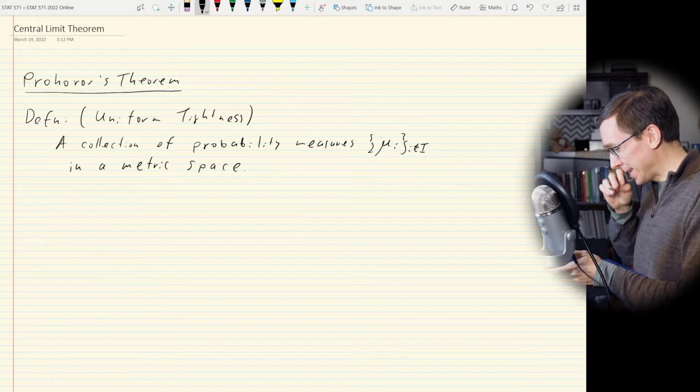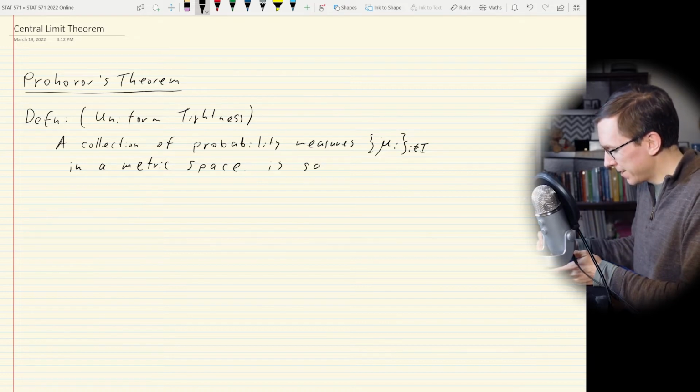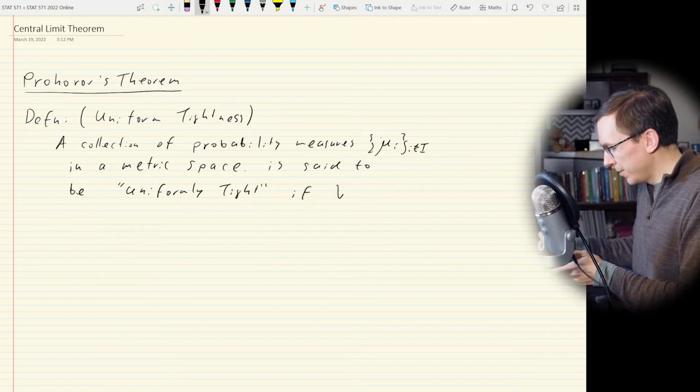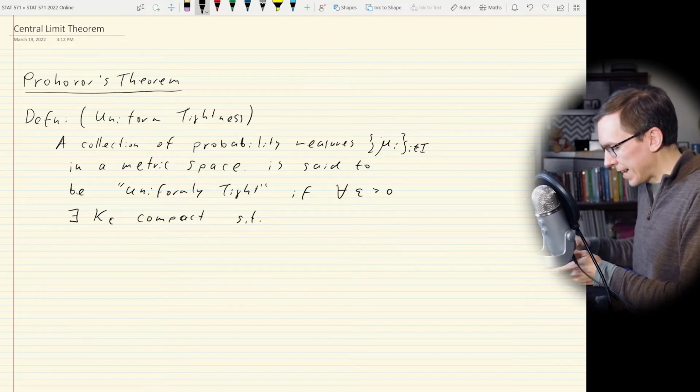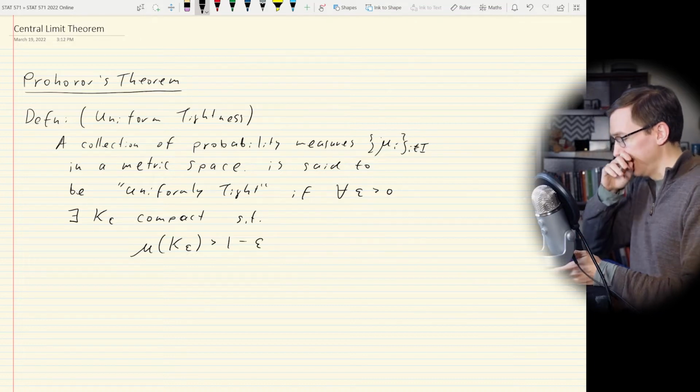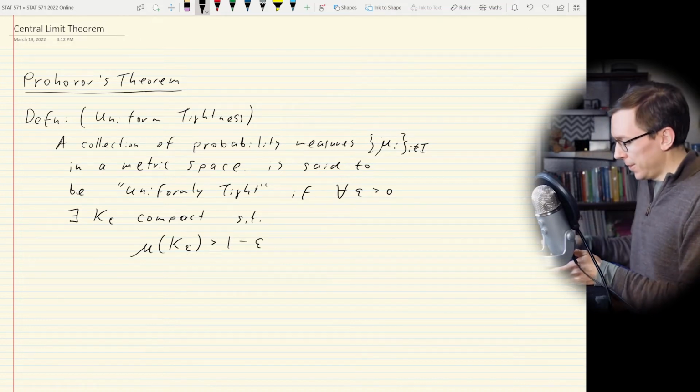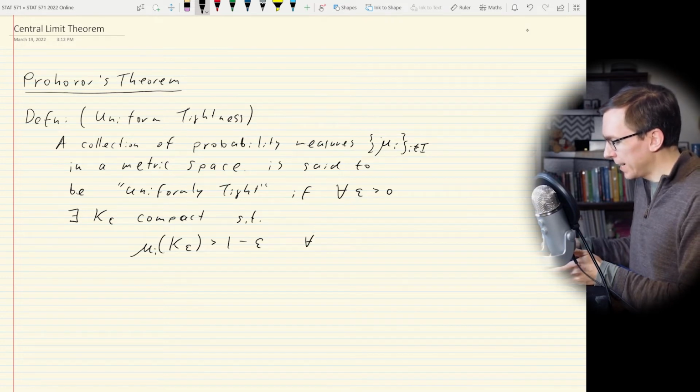Anyway, a collection of probability measures in a metric space is said to be uniformly tight if, for all epsilon greater than 0, there exists a compact set K_epsilon such that mu_i of K_epsilon is greater than 1 minus epsilon, for all i.